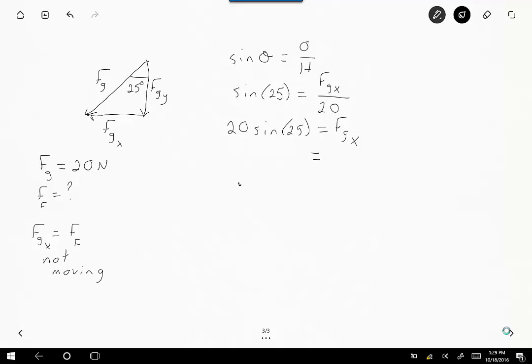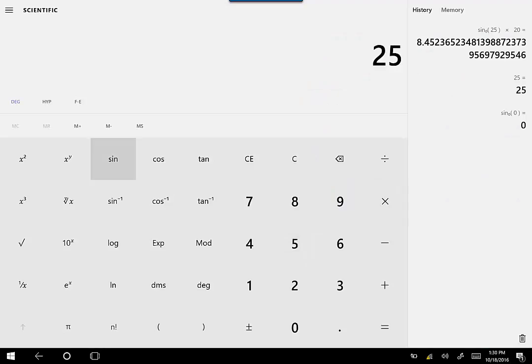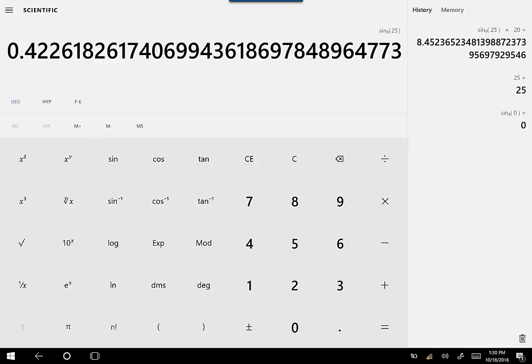To find the sine of 25, I'm going to plug that into my calculator, and it's going to give me the value of it. And from the value, we can then multiply it by 20. So 0.4226 is the sine of 25.